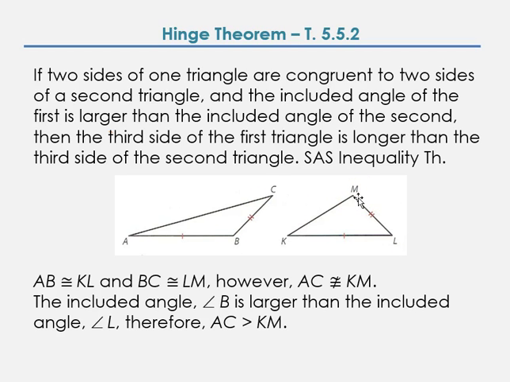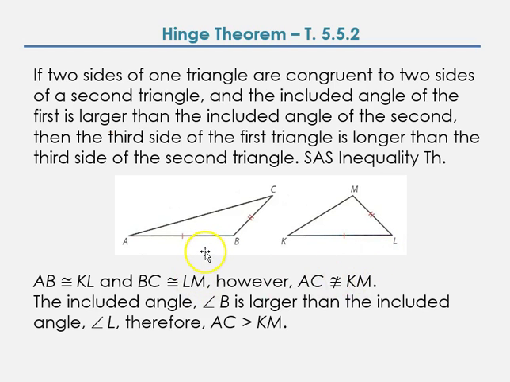However, the third side is not congruent. AC is not congruent to KM. The included angle, this means the angle in between the two congruent sides. However, angle B is larger than the included angle L.